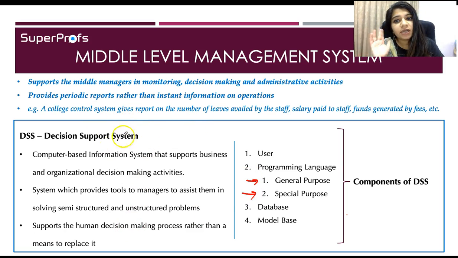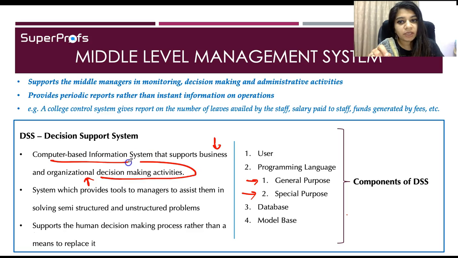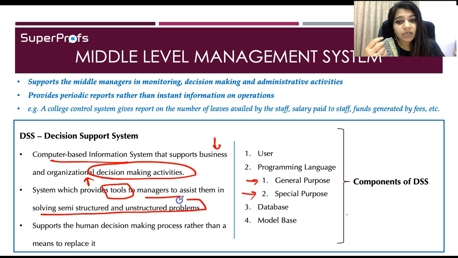What is a DSS? A DSS is a computer based information system that supports business and organizational decision making activities. It is a system which provides tools to managers. What for? To assist them in solving semi-structured and unstructured problems.